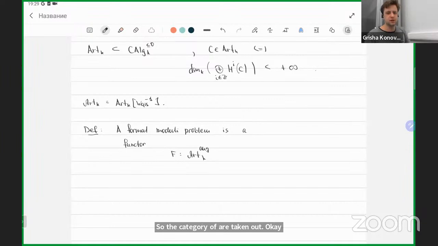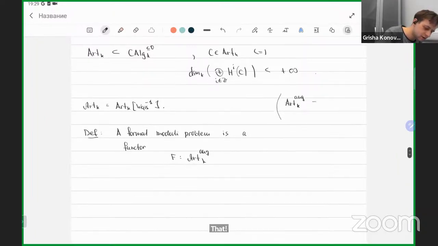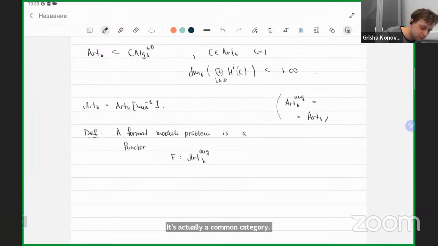Augmented means that the unit map from K to the algebra is split in the category of algebras. Or just let me make a remark here that augmented is actually a comma category. It's the category of Artinian algebras equipped with a map to the base field.